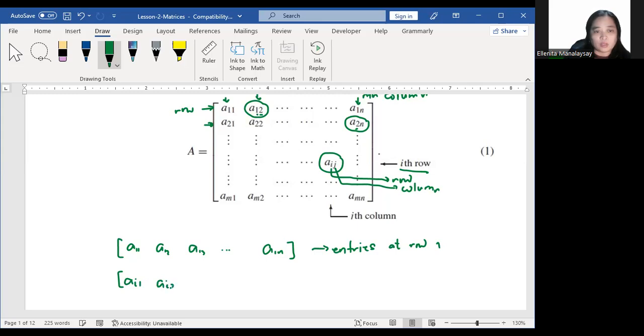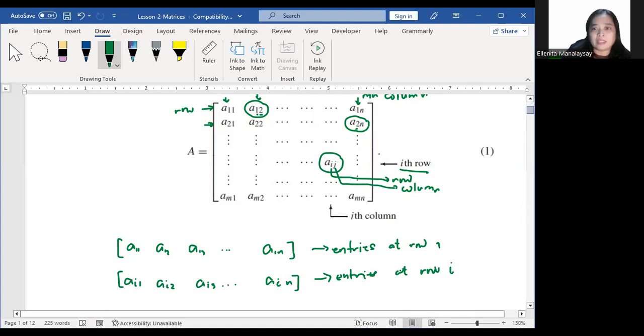AI2 is the second entry at the ith row. Then AI3 is the third entry, up until AIN. These are the entries at row I. I'm sorry for the penmanship.